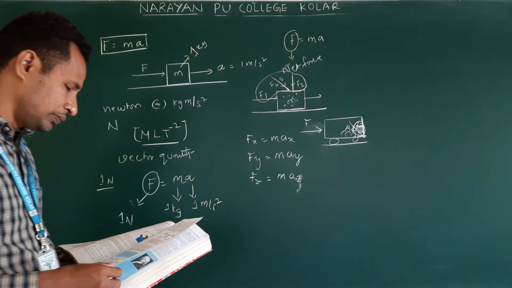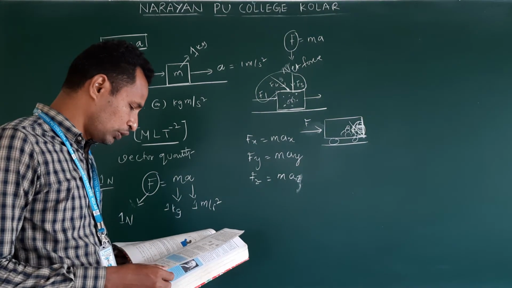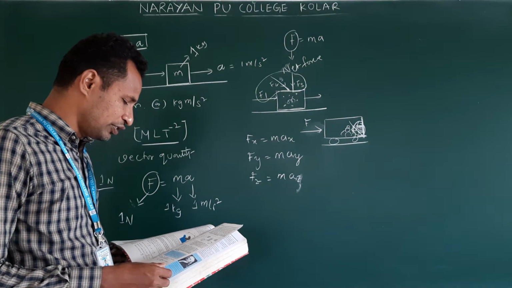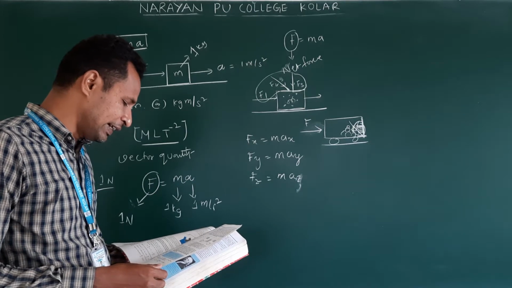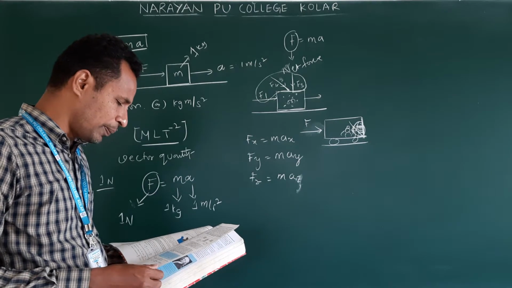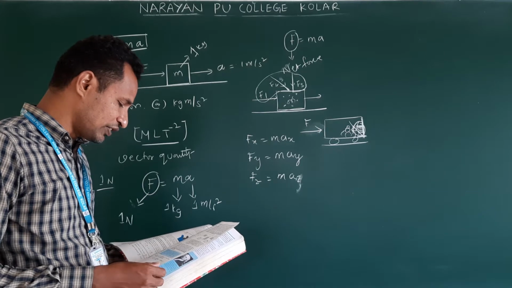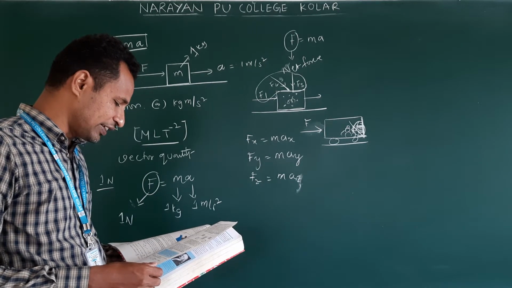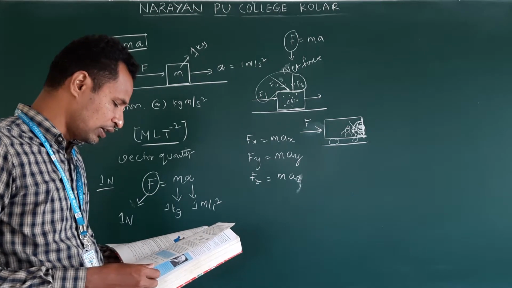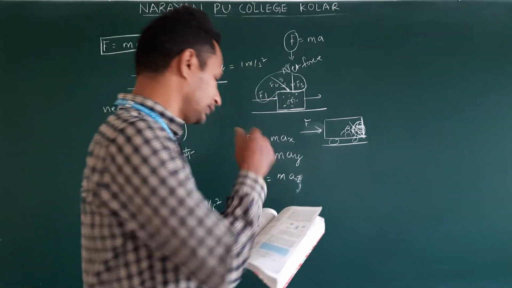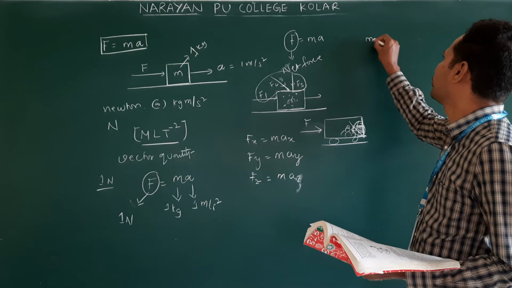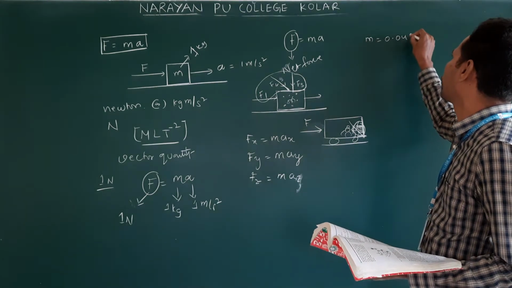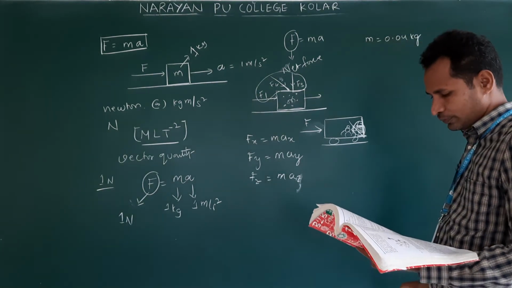example problem 2. A bullet of mass 0.04 kg is moving with a speed of 90 meters per second, enters a heavy wooden block and stops after a distance of 60 centimeters. What is the average resistive force exerted by the block on the bullet? A bullet of mass m is equal to 0.04 kg.